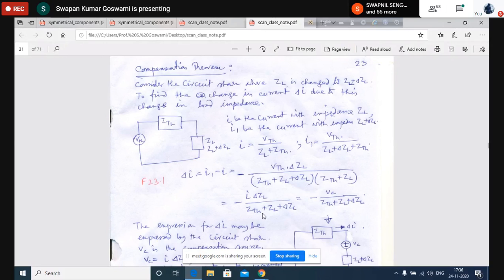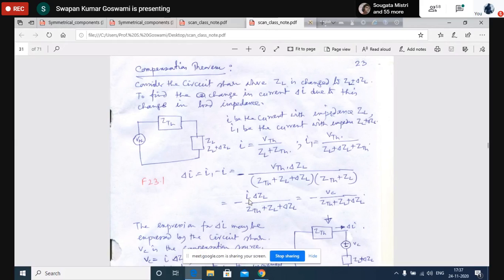Okay, that we may write. I into delta ZL is some voltage. That voltage, let us write VC, the compensation voltage. Since voltage by impedance is current, we write this product as a voltage and call that voltage the compensation voltage VC. So VC is equal to I into delta ZL.